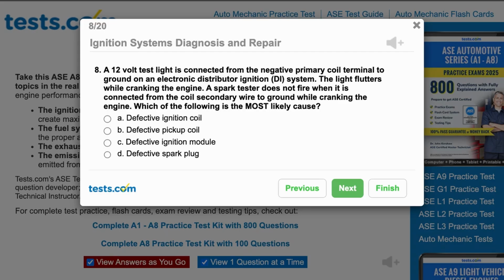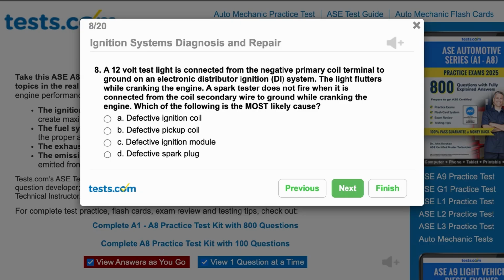Question 8. A 12-volt test light is connected from the negative primary coil terminal to ground on an electronic distributor ignition, DI, system. The light flutters while cranking the engine. A spark tester does not fire when it is connected from the coil secondary wire to ground while cranking the engine. Which of the following is the most likely cause?